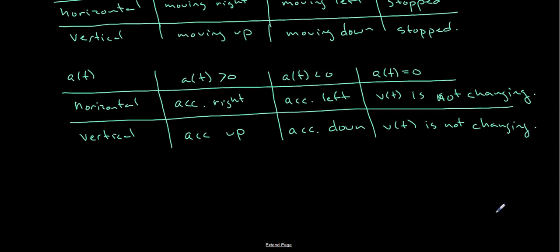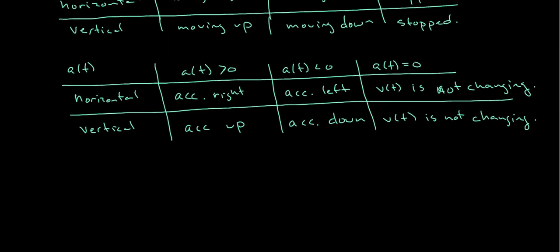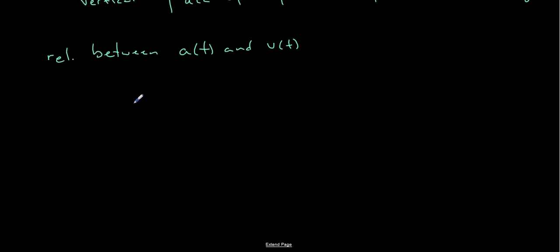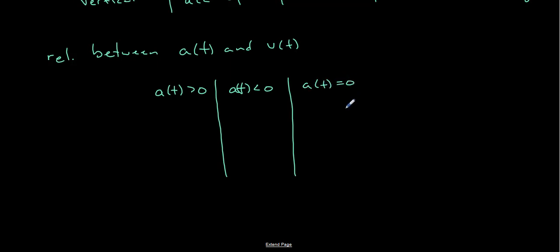All right, now let's look at the relationship between A of t and V of t. So if I have A of t up here, greater than 0, A of t less than 0, A of t equals 0.